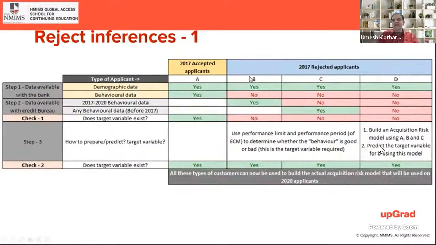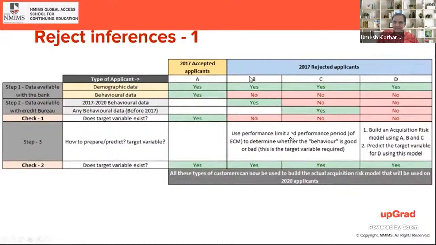The D segment, in the absence of any data, what you have done is look at their behavior data, their demographic data, and extrapolated and derived a so-called target variable for them. So now you brought all the four segments to a common platform for you to be able to work with them in the future.